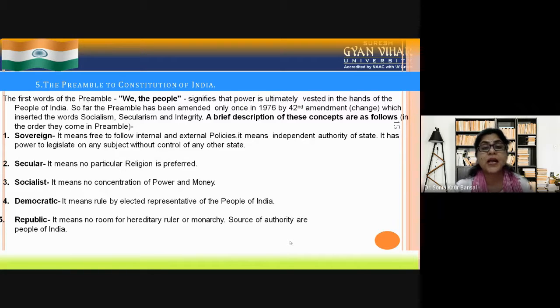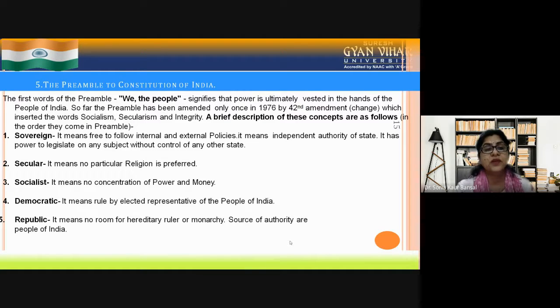Remember this, students, that the preamble has been amended only once, in 1976 by the 42nd Amendment, which inserted the words socialist, secular, and integrity.